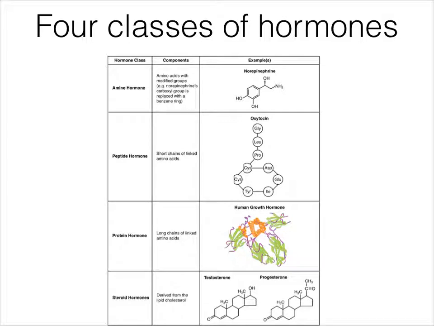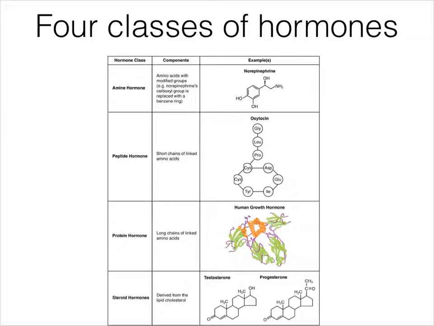Protein hormones are not as common because they're not very budget-friendly. Making something that big can take a lot of energy. And the longer a protein, the bigger a protein is, the longer it takes to make. But they do have the advantage that they are very, very, very specific.